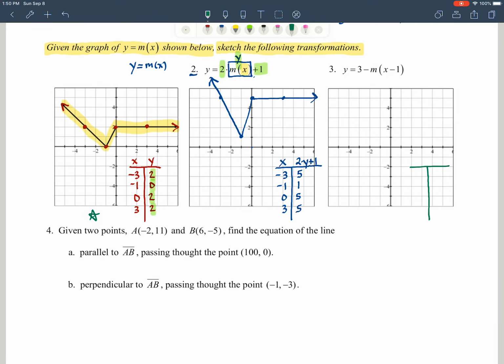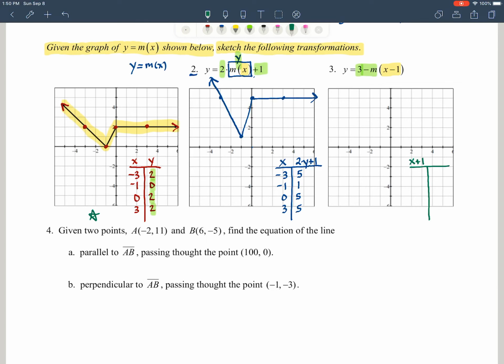So when we look at the rule at the top, starting out here, x is inside of here, and we've got x minus 1, which means our graph is going to shift to the right one. So we have to add 1 to each of the x coordinates. For our y values, it looks like we're going to start out with 3, and then do minus our y, because remember our m of x is like our y value.